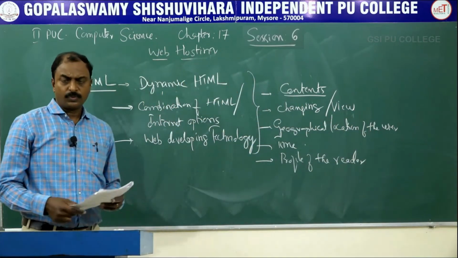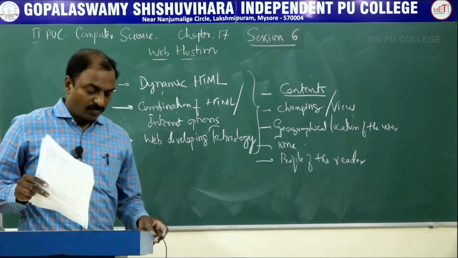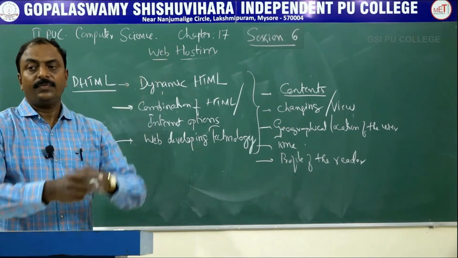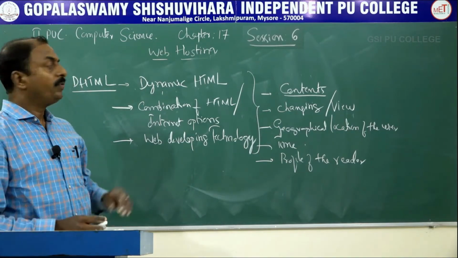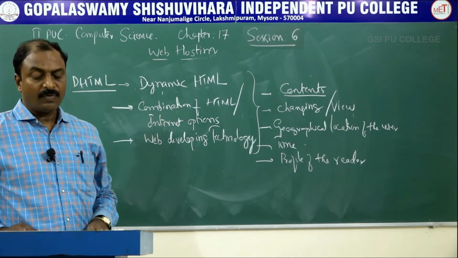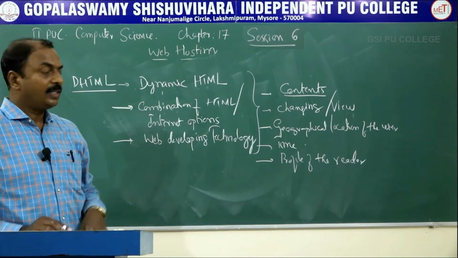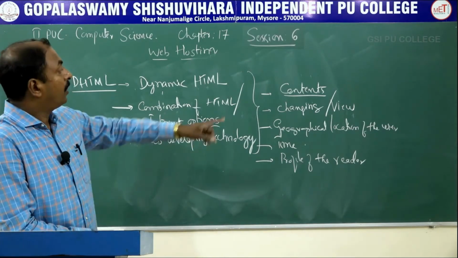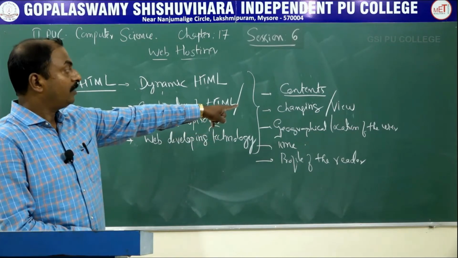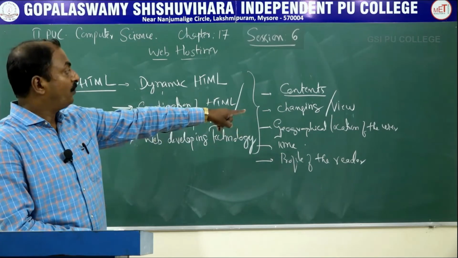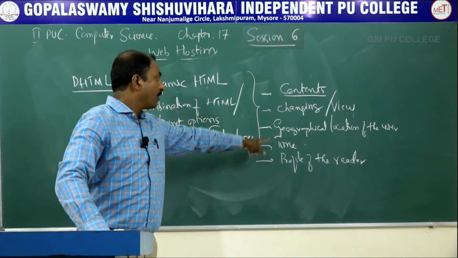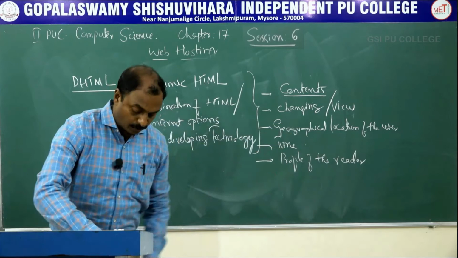So dear students, what is the meaning of dynamic website or dynamic HTML? Any website developed with the help of DHTML, the contents within the website can be changed by view. This view depends on the following 3 points. First, geographical location of the user.